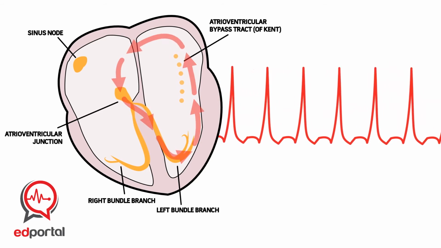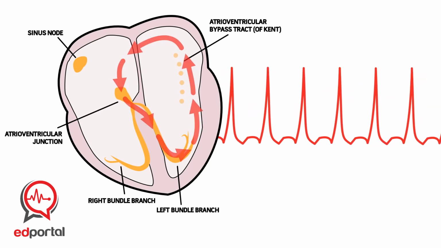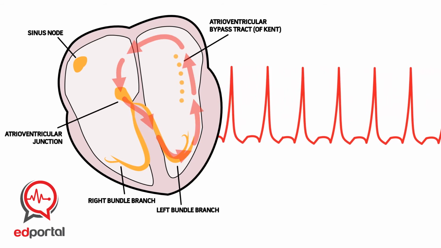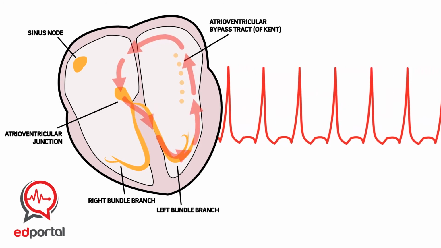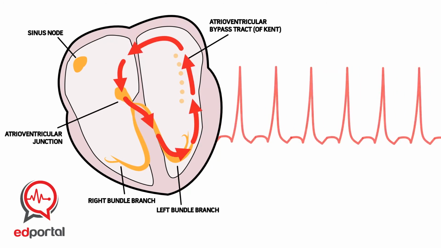So this is an example of orthodromic SVT. The AV node and your accessory pathway make an electric circuit and the rate is very fast, and usually it causes a narrow complex regular tachycardia.